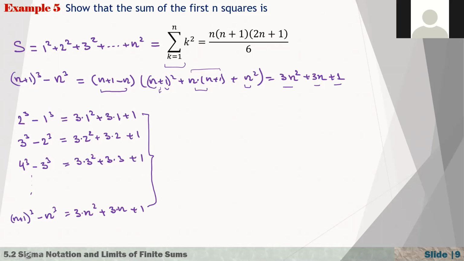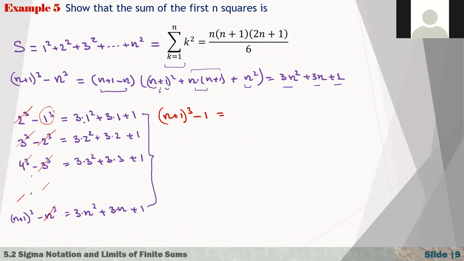On the left, 2 cubed minus 2 cubed cancel out, 3 cubed minus 3 cubed, and 4 cubed minus 4 cubed, and so on. We have only the first, 1 cubed, and the last, n plus 1 cubed. So on the left hand side, I have n plus 1 cubed minus 1 cubed.